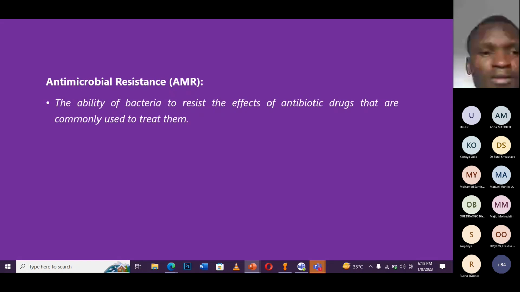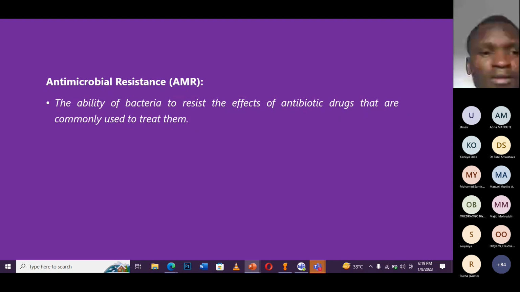So that is antimicrobial resistance, the ability of bacteria to resist the effects of antibiotic drugs commonly used to treat them. By the time you start exploring metagenomic samples, you'll be able to discover specific genes of interest that confer resistance. You will know the antibiotics the genes are resistant to, because here we're talking about genotypic profiling of antibiotic resistance in a metagenomic sample.